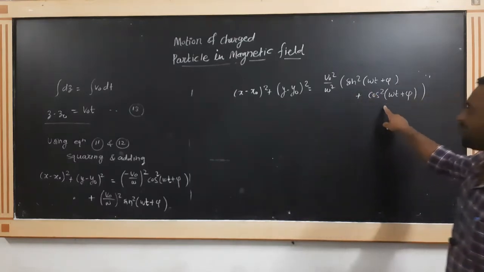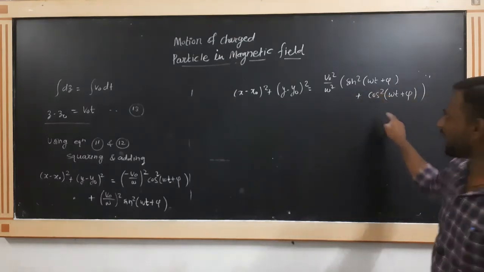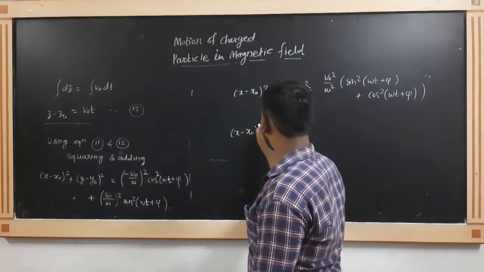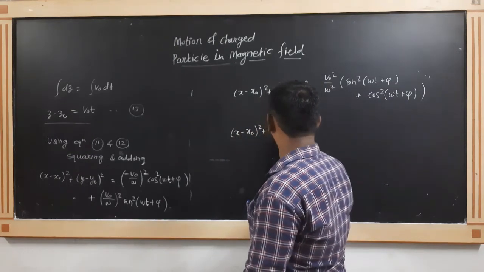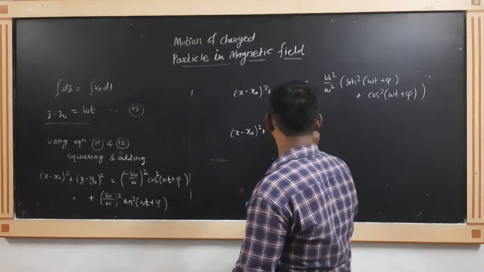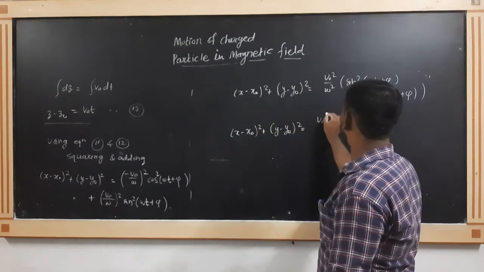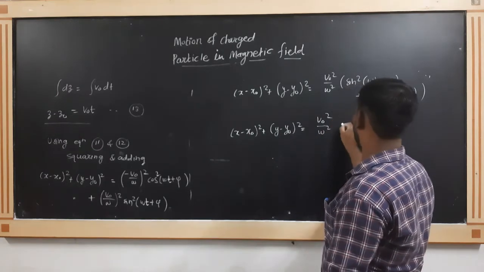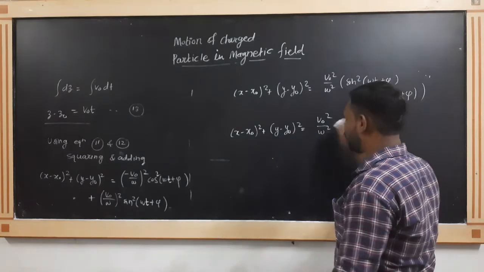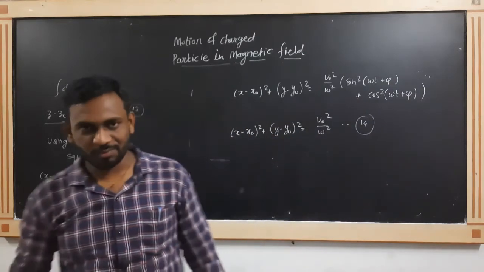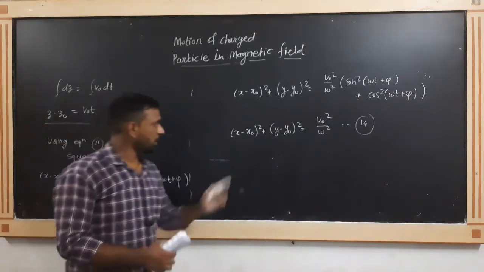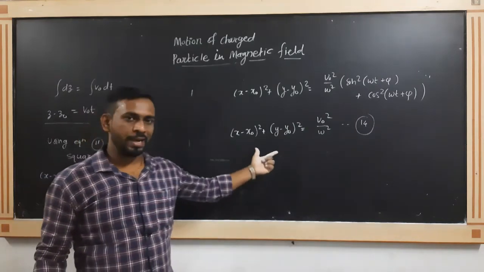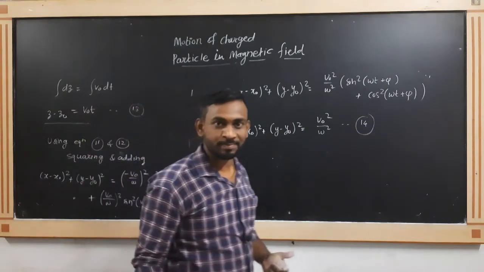What is sine squared plus cos squared theta? It comes out to be 1. So x minus x0 bracket squared plus y minus y0 bracket squared is equal to v0 squared upon omega squared. This is equation number, let's say, 14. And what is the form of this equation? This equation represents a circle, so the motion of the charged particle is spiral motion.